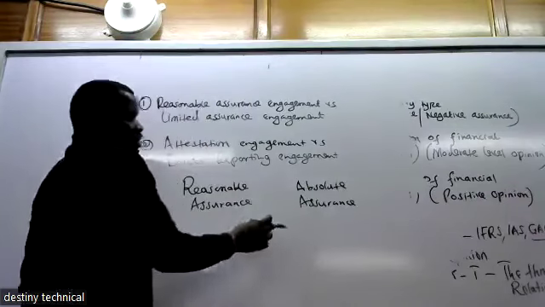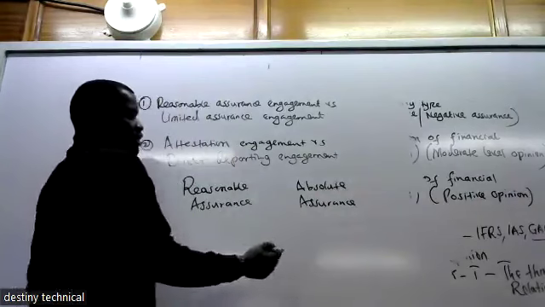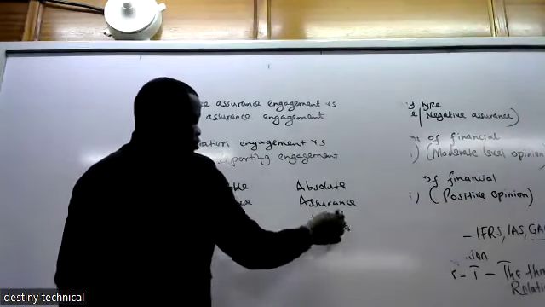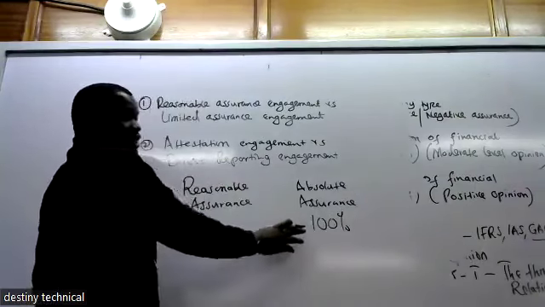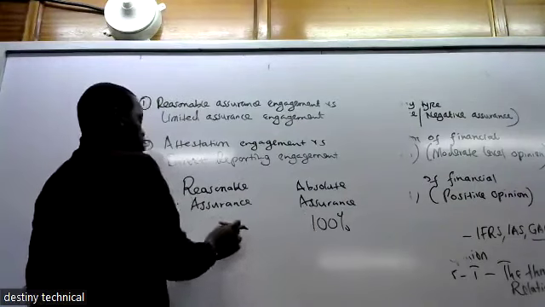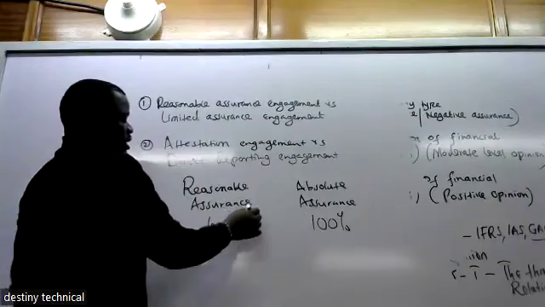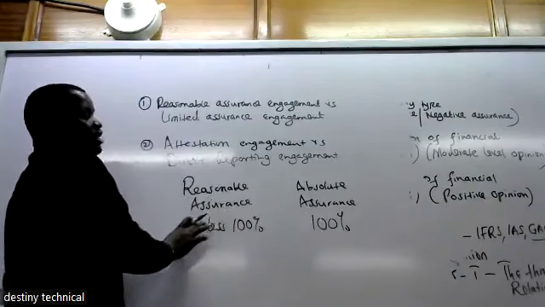Absolute assurance means the financial statements or subject matter as a whole are 100% correct, with no mistakes. But reasonable assurance is something that could be less than 100% accurate. This is what is normally expected in the audit engagement.